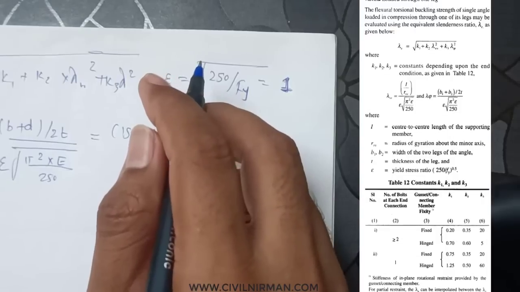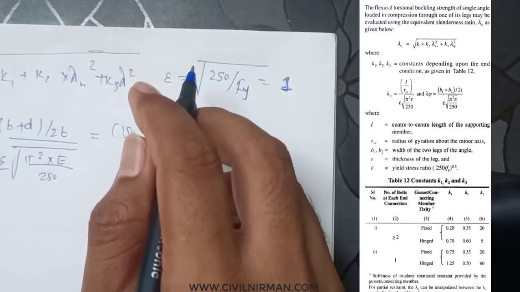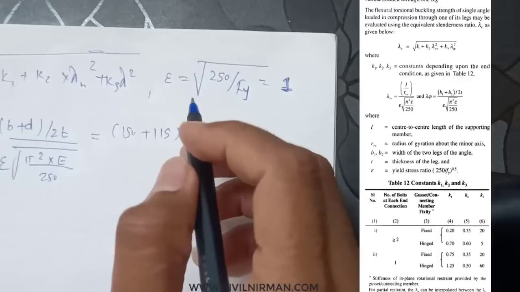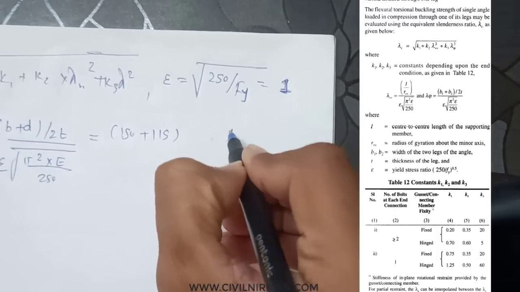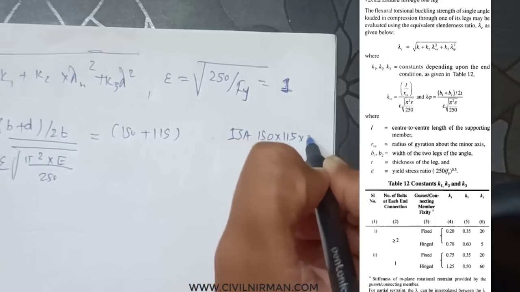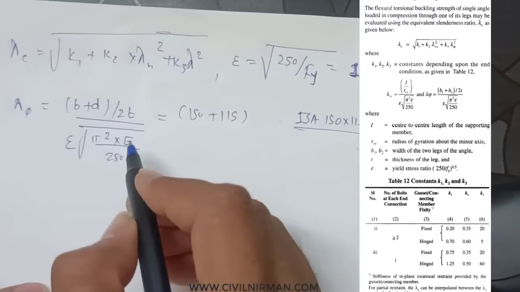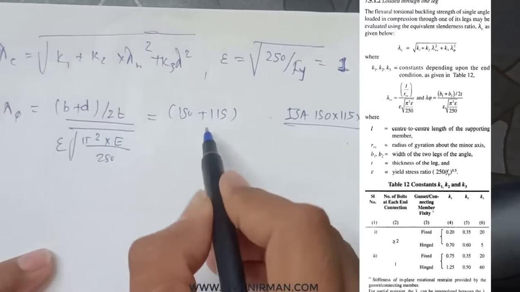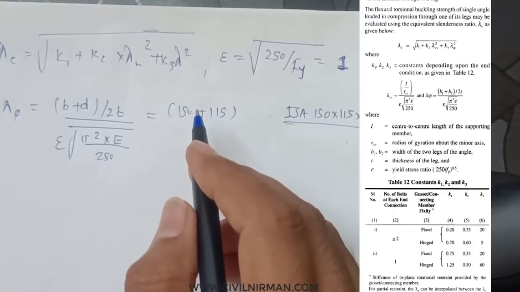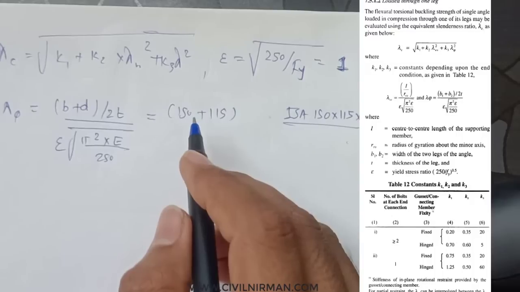We have considered the angle section ISA 150 115 16. For this section we have worked out the b and d values, and based on that I am working out the lambda part again.